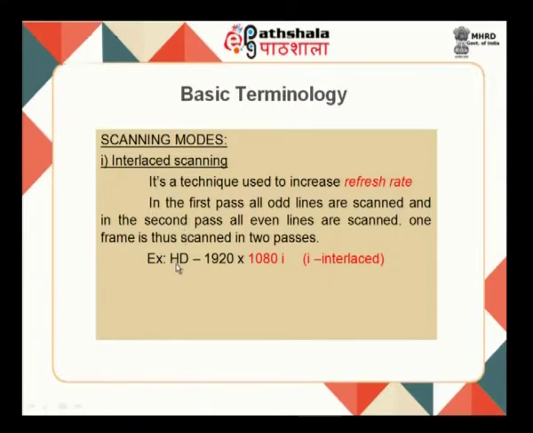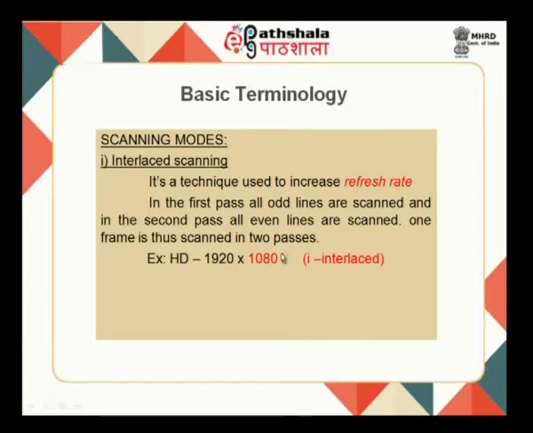If you happen to buy an HD display device, for example an HD TV for your home, the specification says, for example, 1920 by 1080, which is one standard. The 1920 indicates the number of pixels along the width, and 1080 indicates the number of pixels along the height.